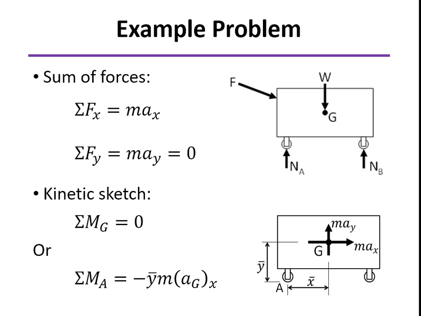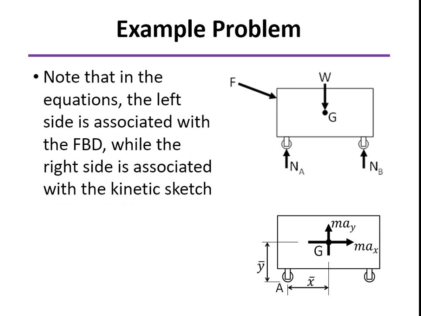Now the negative sign is because if we pick our normal right-hand convention and say that counterclockwise is positive, then you can see in our kinetic sketch that mass times acceleration times y bar would create a negative moment about point A. So when we write these equations, what would appear on the left side of every equation comes right off of the free body diagram. Everything on the right side of each equation would be associated with the kinetic sketch.